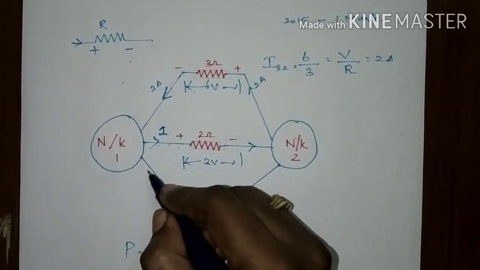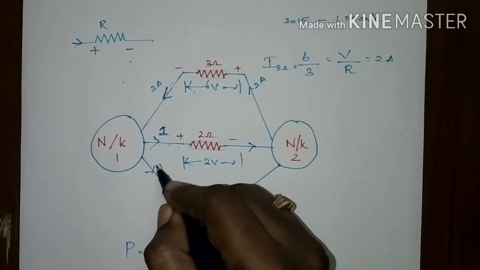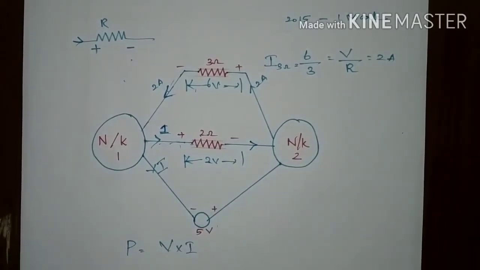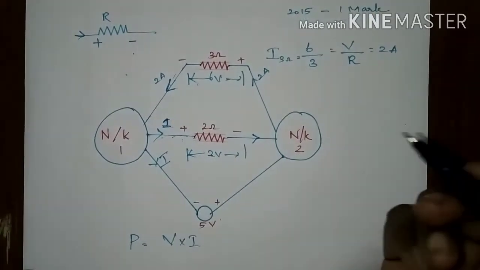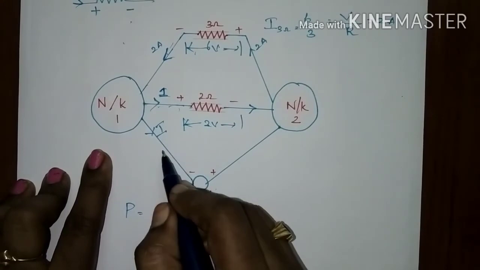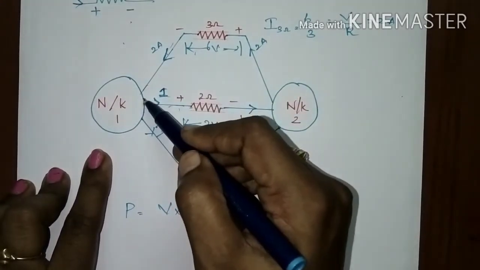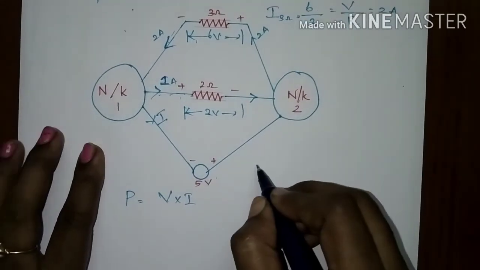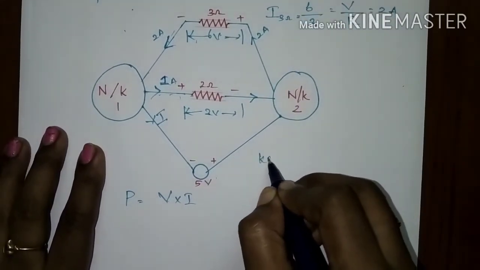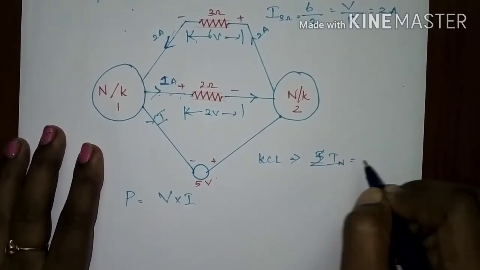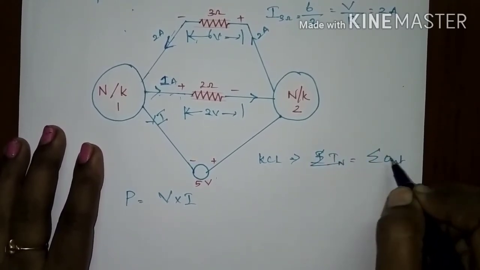Here, assume this is a current that has to be found in this network. It may be outgoing or incoming. We have to find out. So, this is a current which has to flow here. 2 ampere current is incoming. 1 ampere current is outgoing. So, according to KCL, the sum of the incoming current would be equal to the sum of the outgoing current.